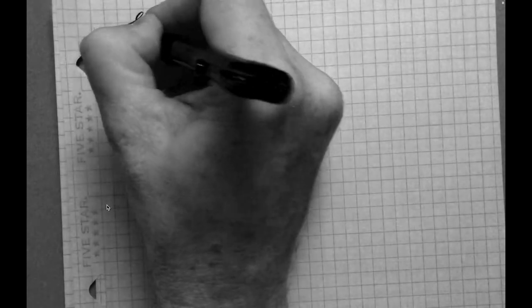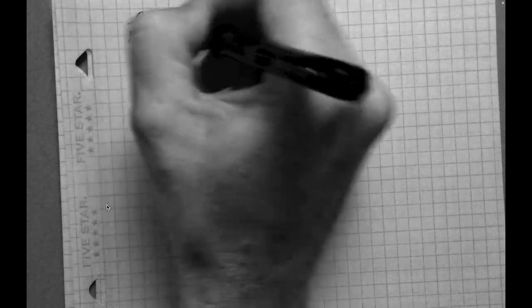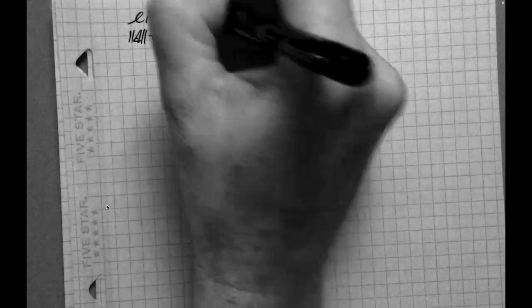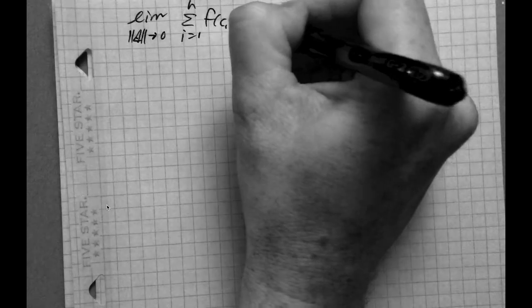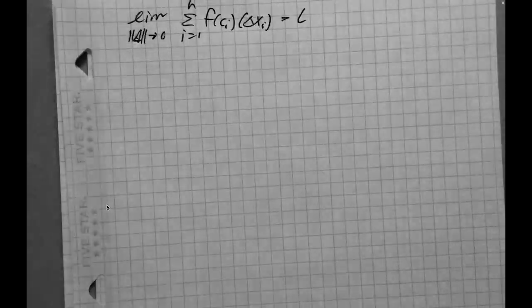So the limit as the norm of the partition goes to 0 of the sum i equals 1 to n of f of ci delta xi equals L. What does this mean?